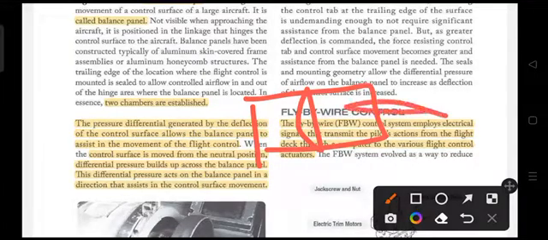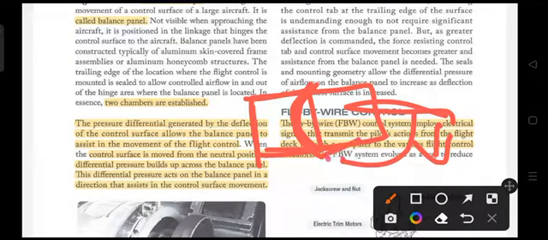The movement of the control surface is stored as energy in the pressurized fluid. So when it has come down some, it has actually acted in the opposite direction, and that is the reason it has compressed or pressurized the vessel in the opposite direction.